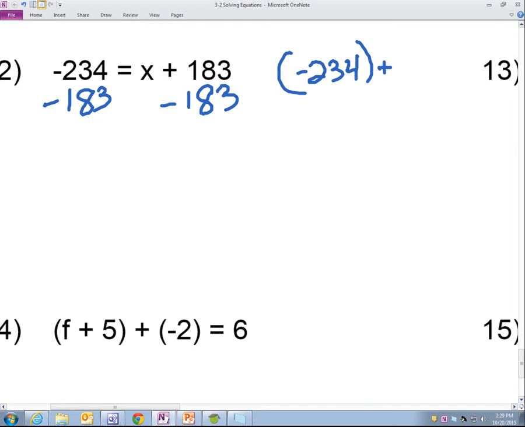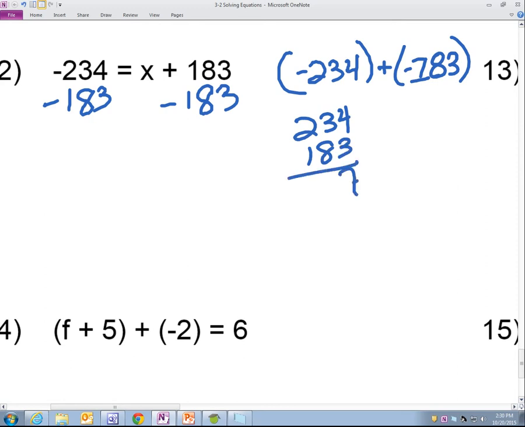And when I do that, I just add those two together and keep the sign. And that's 417. Keep the sign, 417.